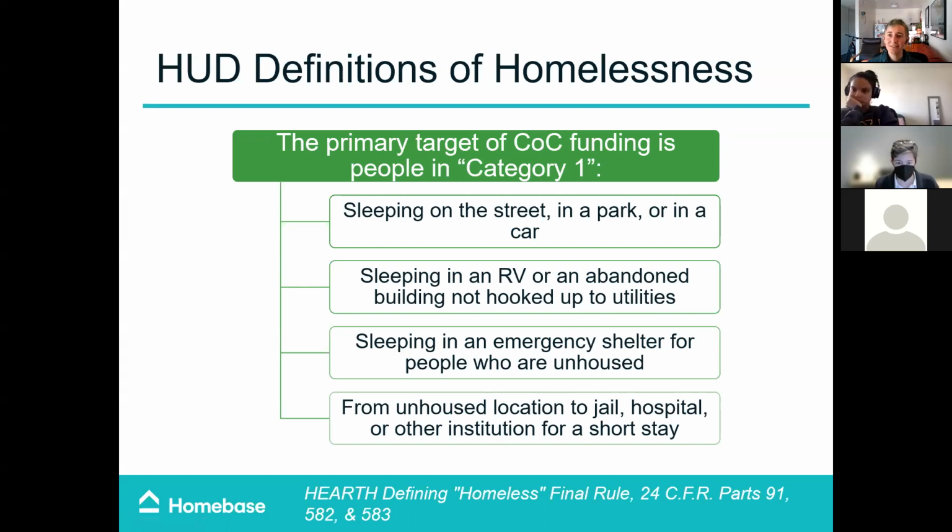The phrase HUD uses is places not meant for human habitation. So that includes people who are sleeping outside, in a car, in another vehicle that is not intended to be lived in, an RV or an abandoned building that's not hooked up to utilities in most cases, sleeping in an emergency shelter for people who are unhoused. That would definitely be a situation that fits in category 1.